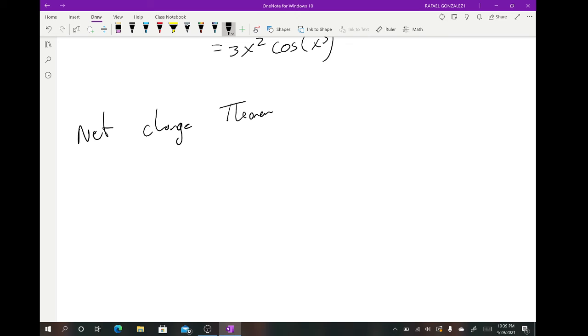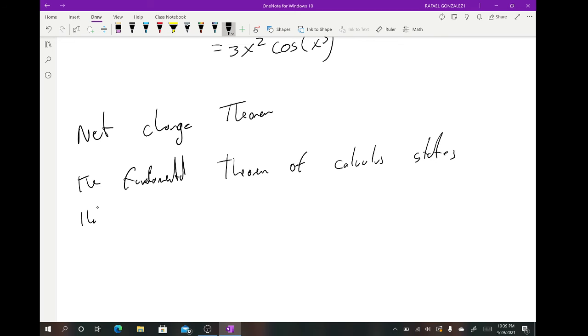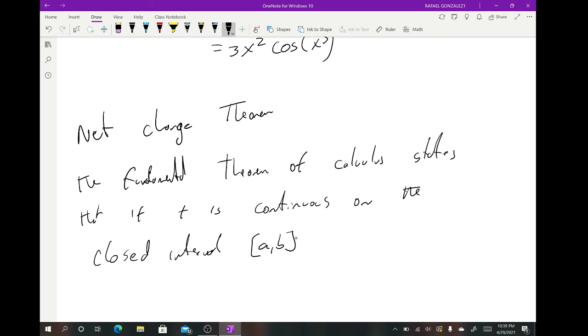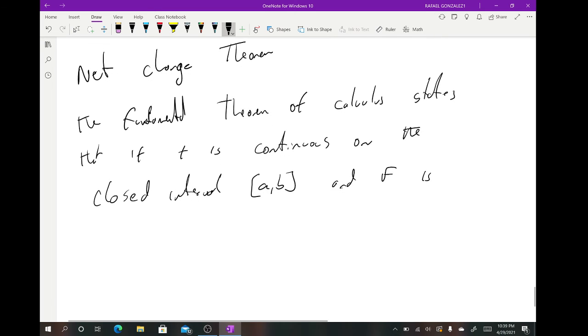So, the fundamental theorem of calculus, the first one, states that if f is continuous on the closed interval a, b, and, this is key, F is an antiderivative of f on the closed interval a, b, then the following is true.